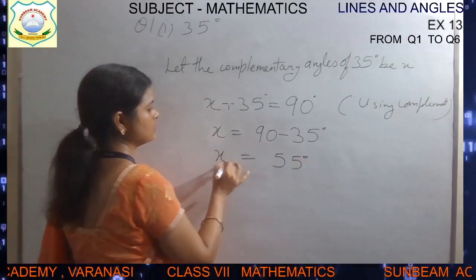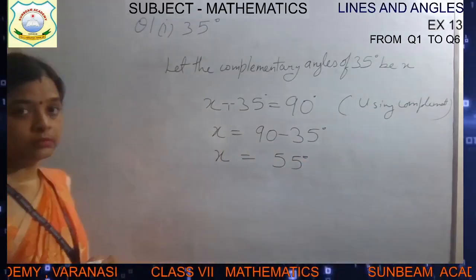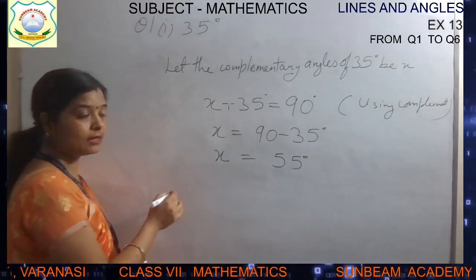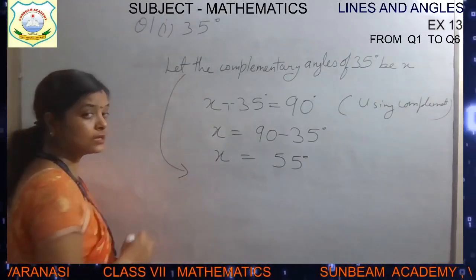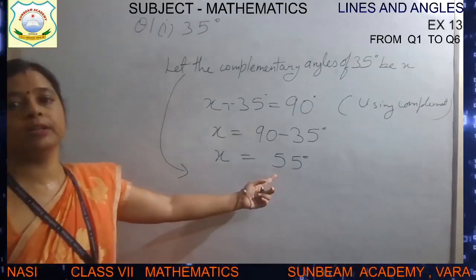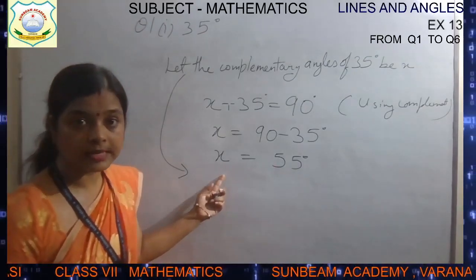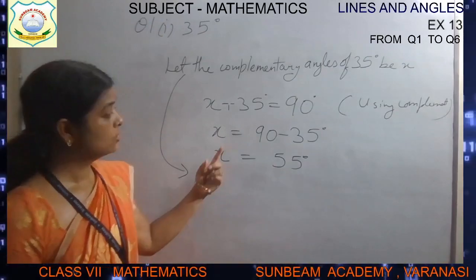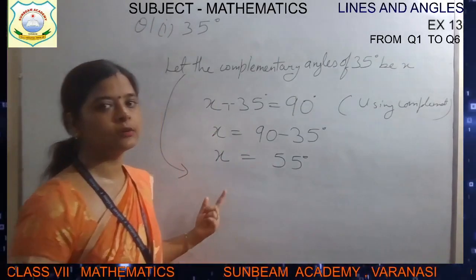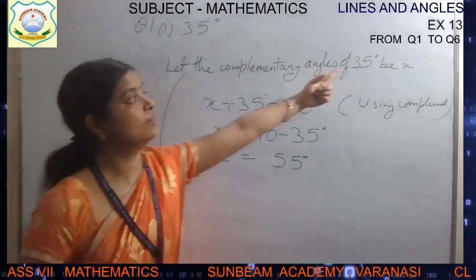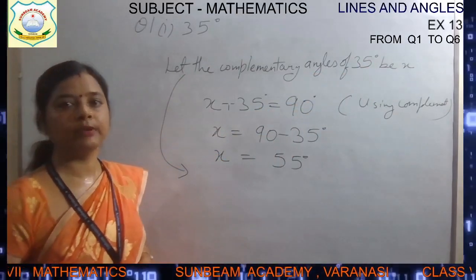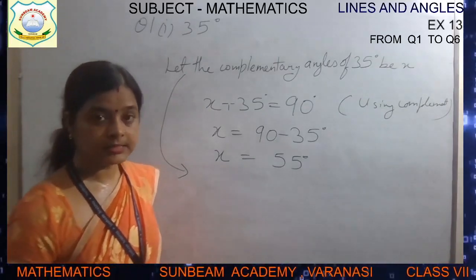So this is the answer. Hence the complementary angle of 35 degree is 55 degree, because they have not asked for what is x, तो हमने assume किया था.